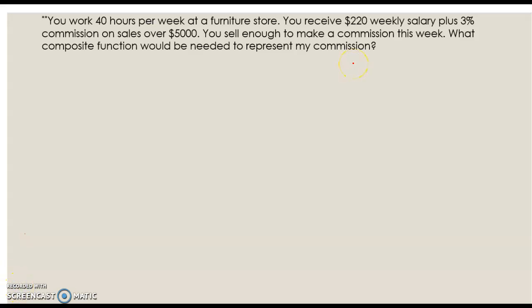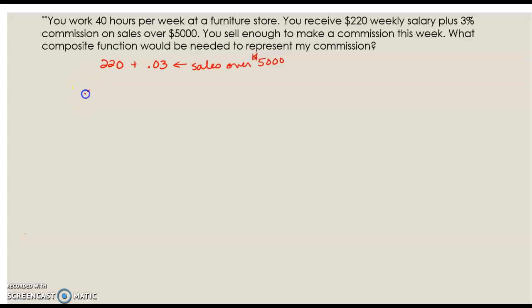For this one, guys, I might actually work backwards a little bit, because it's saying I get $220 weekly salary plus a 3% commission on sales over $5,000. So I have to sell $5,000 before that even comes in.